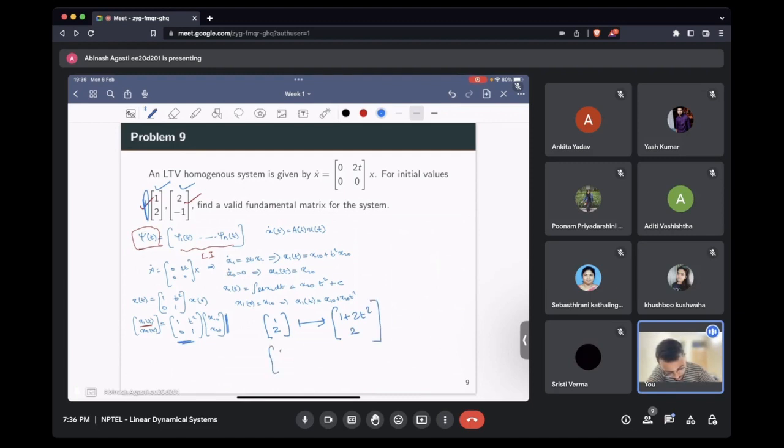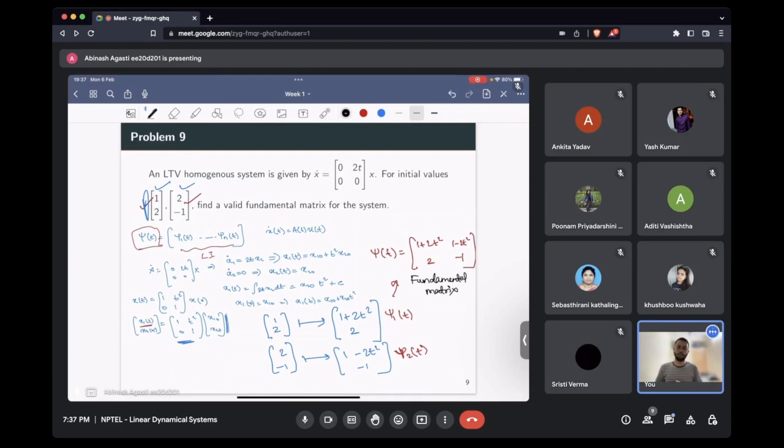And for the other initial condition, I have the solution 1 minus 2 t square and minus 1. So these are psi 1 of t and psi 2 of t. That means psi of t is the matrix with columns 1 plus 2 t square, 2 and 1 minus 2 t square, minus 1. So this is a fundamental matrix for the given LTV system.